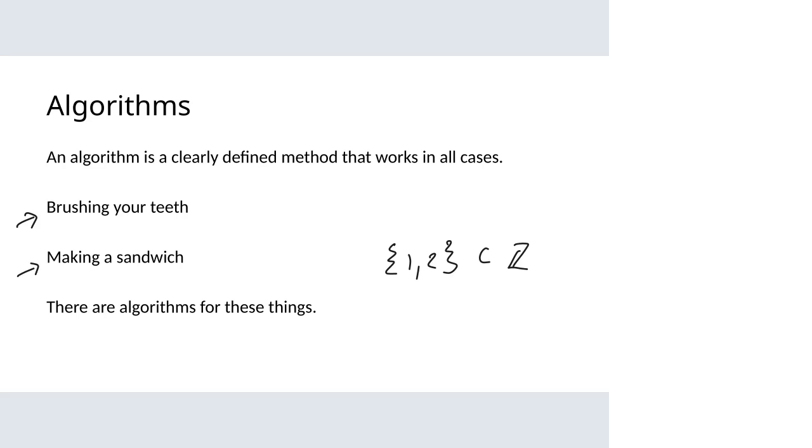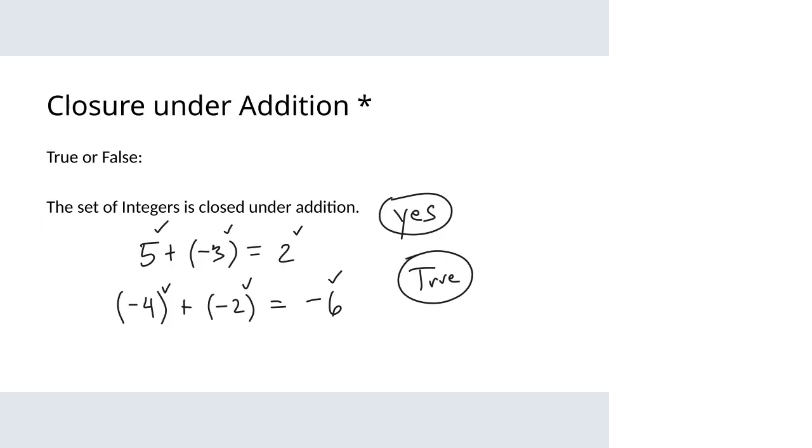The way that we're going to use those three sets would be in questions where we're going to talk about closure, we're going to talk about the sets of integers, and we're going to be very explicit that for this particular problem, we're talking about integers. For this particular problem, we're talking about naturals. For this particular problem, we're talking about whole numbers.